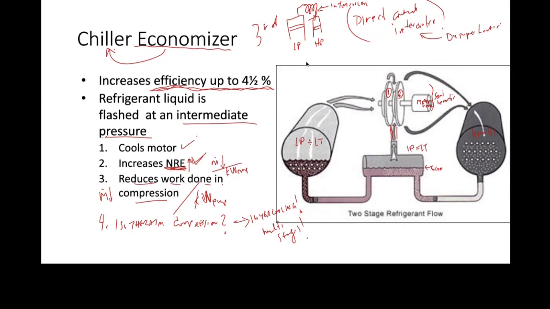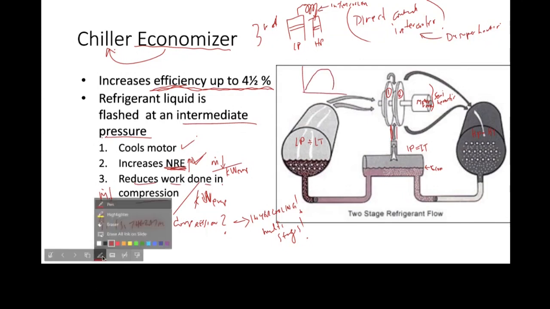Now, when we take a look at our pressure enthalpy diagram, and I draw my curve looking something like that, and let's say I got some subcooled liquid, and the subcooled liquid is going to enter into our evaporator, and we're going to have a certain amount of flashing going on.